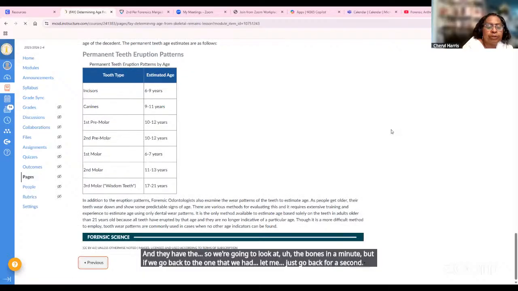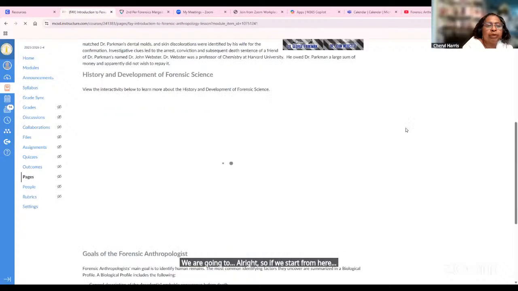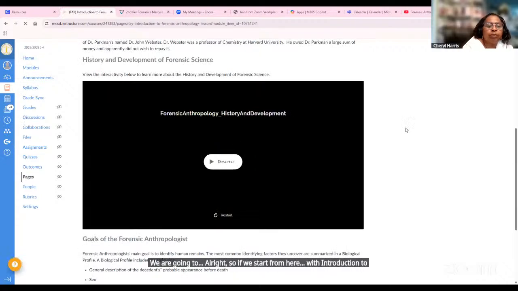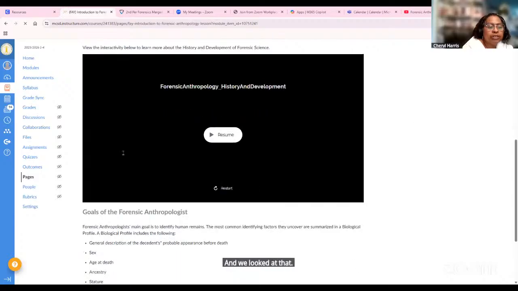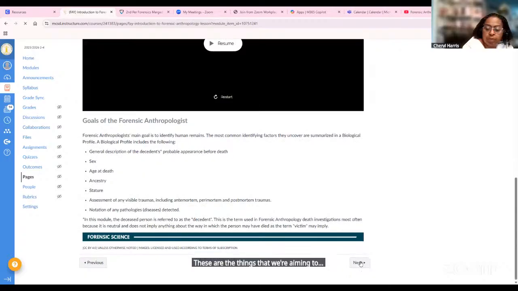If we start from Introduction to Anthropology, these are the things that we're aiming to be able to discover by looking at the bones.